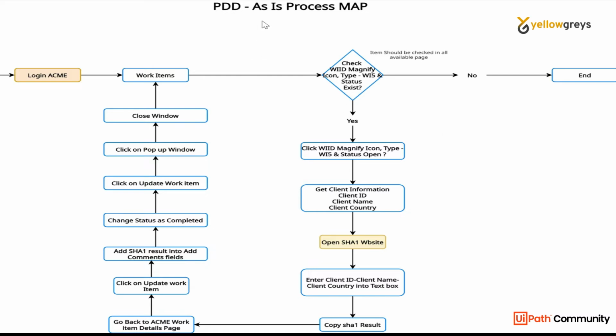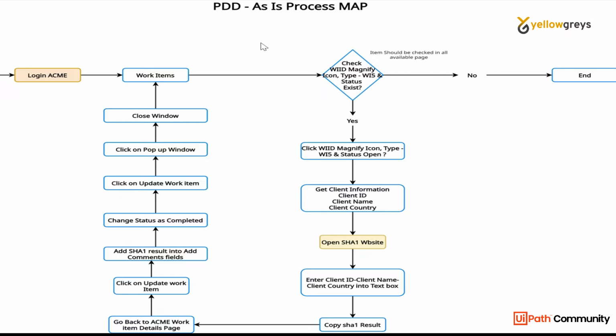In that, this PDD creation is part of requirement gathering, which will be done by the business analyst or the SME. The PDD has this process map. In the process definition document there will be a lot of information available, like the process title, description, and so many things about the process.